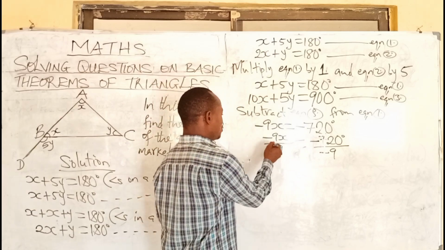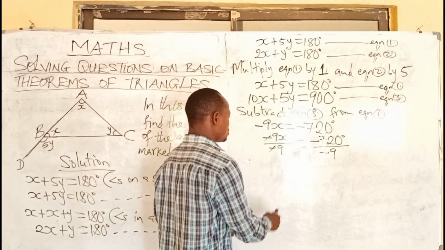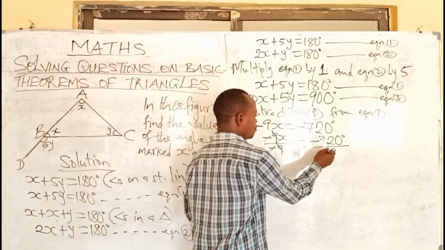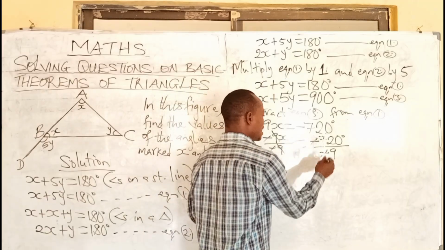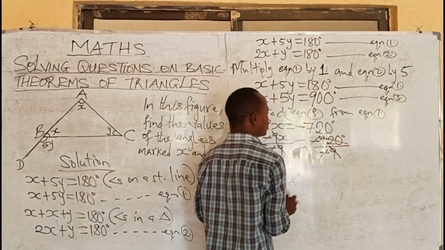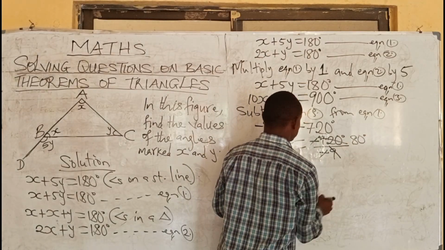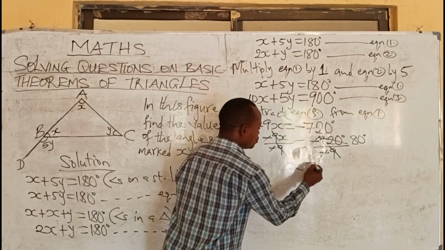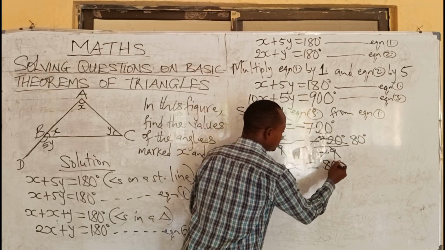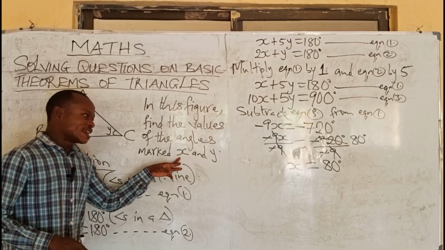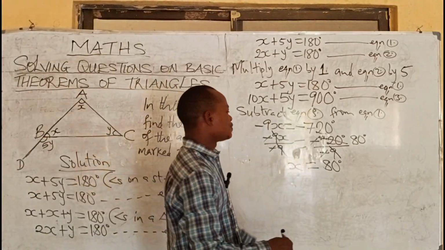Minus will cancel minus, and 9 divides 720 to give you 80. That means our x is equal to 80 degrees.